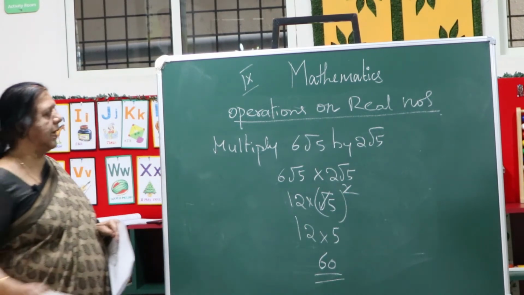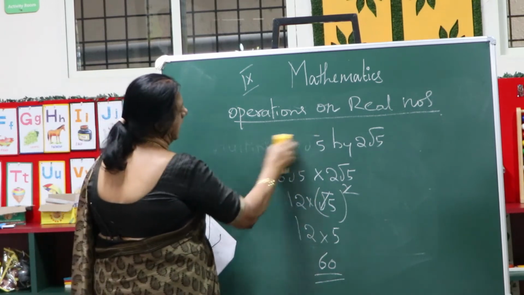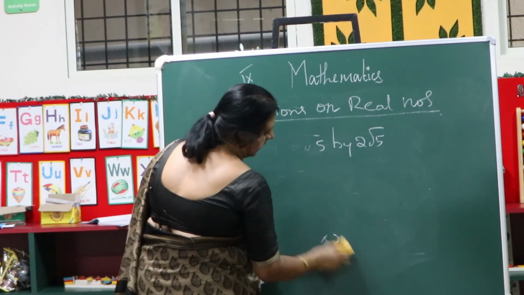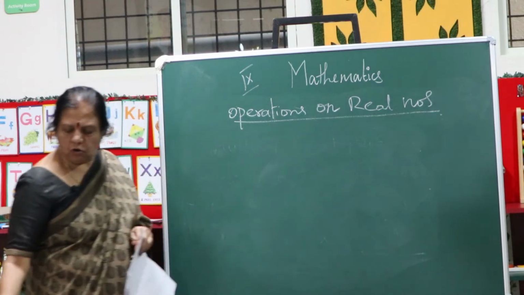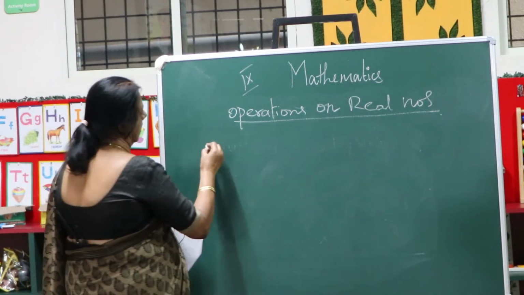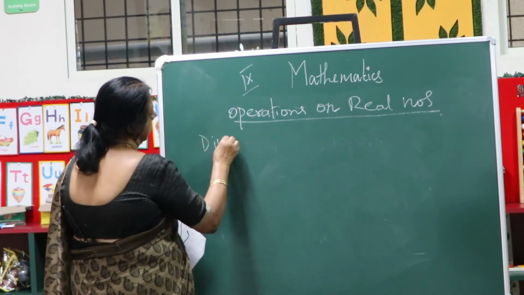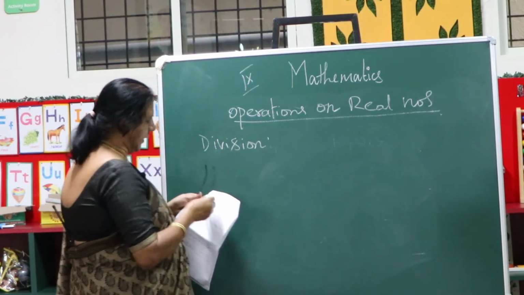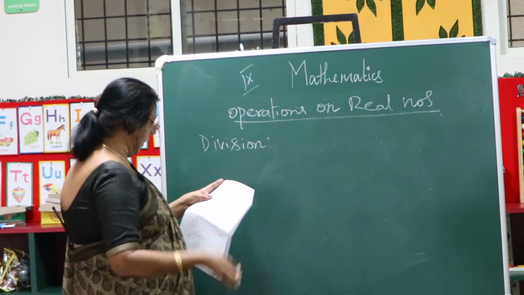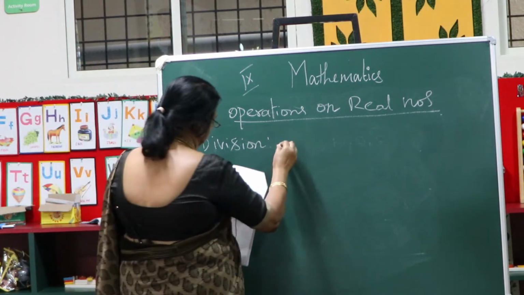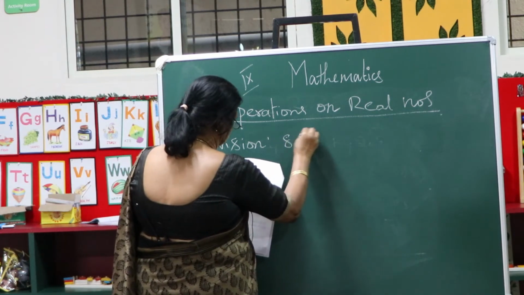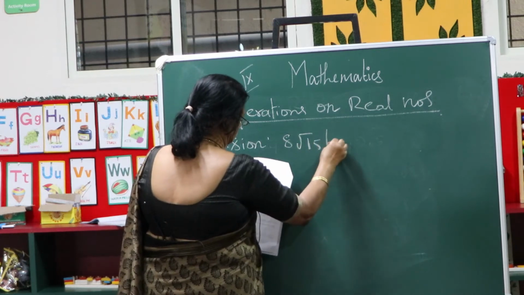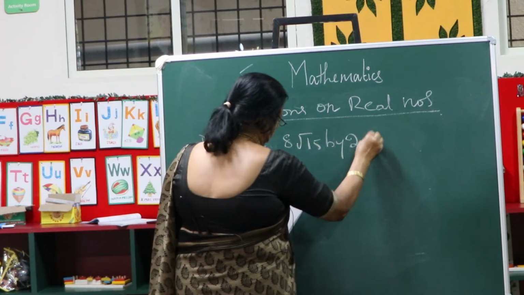Division. One is addition, another is multiplication, another is division. So how to divide these real numbers? Example 15 they have given: divide 8 root 15 by 2 root 3.